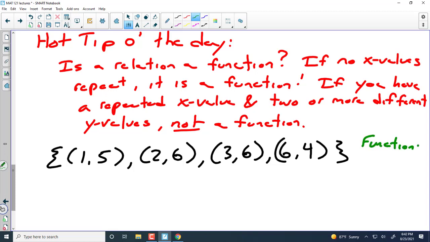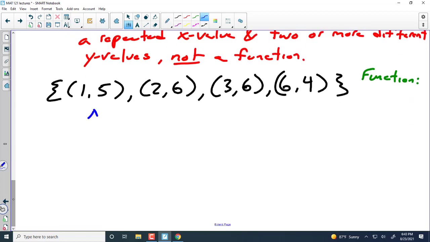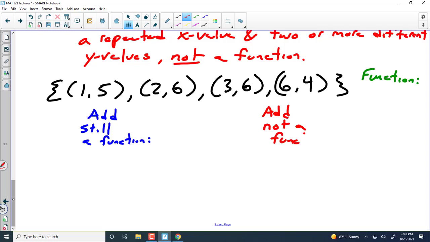So everyone do me a favor. I want you to write down an ordered pair that you could add to this so it's still a function. And I want you to write down an ordered pair so it's not a function. So write down one that you could add so it's still a function, and then write down one that you could add so it's no longer a function.